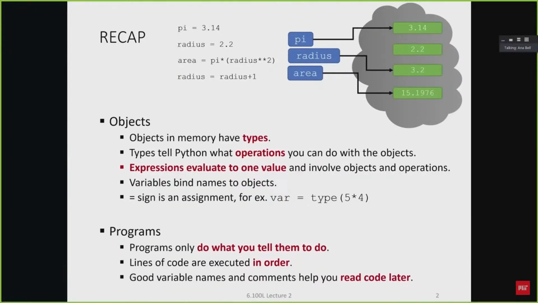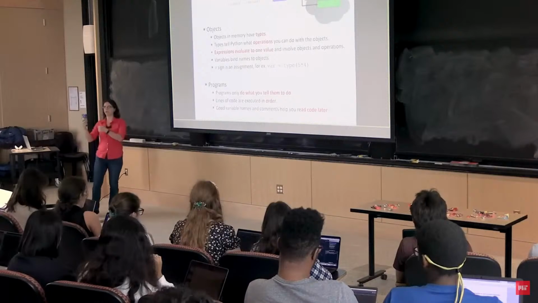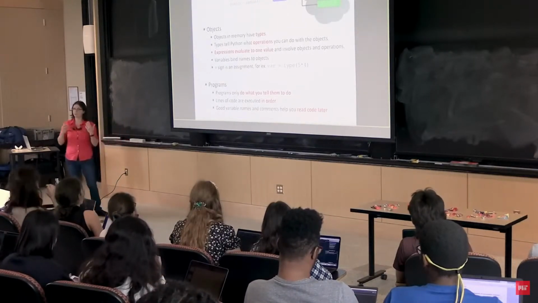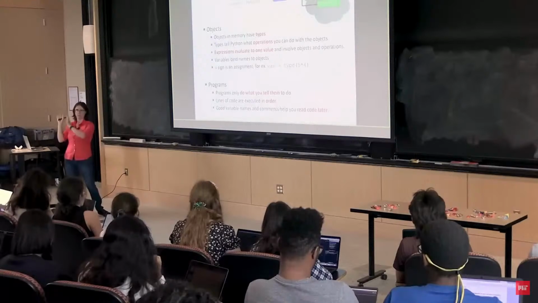Here I have a whole new object in memory, 3.2, and then assign it to the name radius. So I've lost the binding from the original 2.2 and rebound the name to 3.2. Okay. So we're not modifying objects in memory, we're creating new objects in memory whenever we do such operations. We're going to see how we can modify objects way into the future.